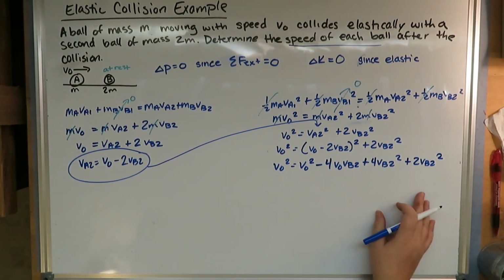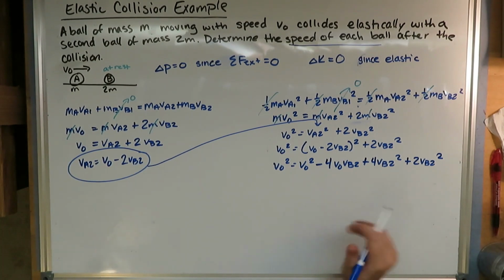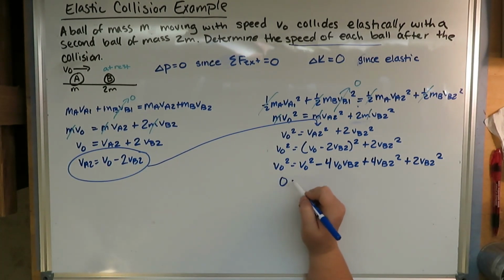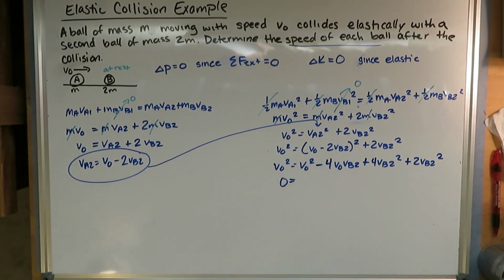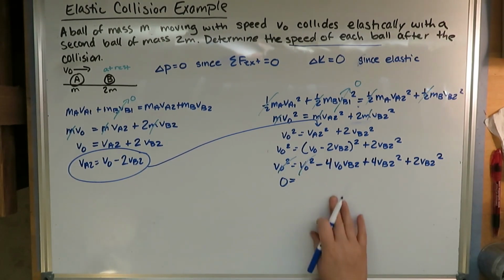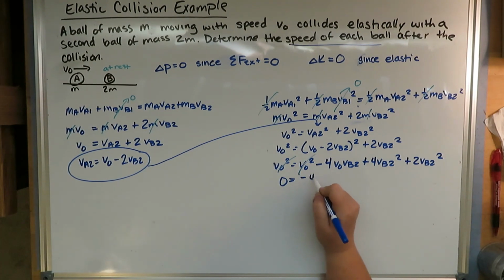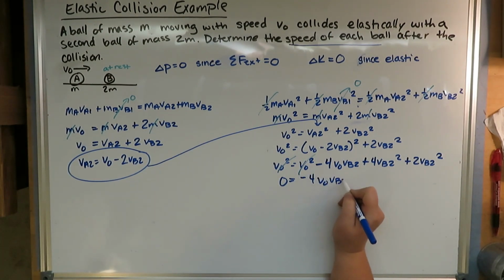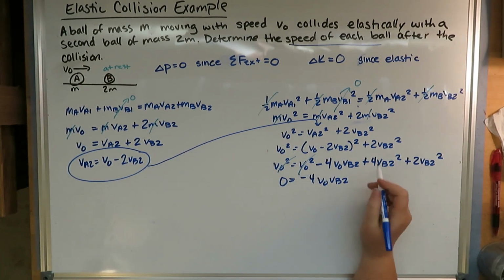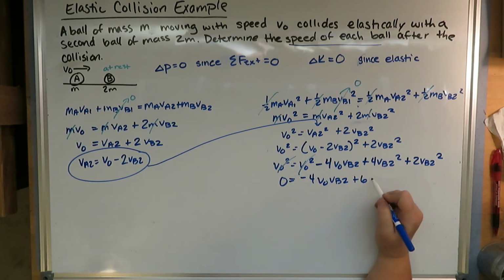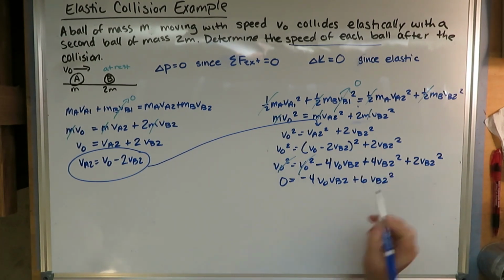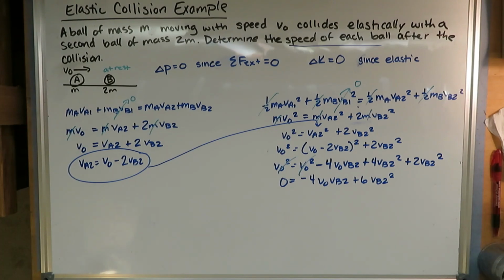And then I can group like terms. When I subtract that V0 squared over, those cancel out. So I get 0 equals this negative 4 V0 VB2 term, and then those add up, so I get 6 VB2 squared, not 5 like I was getting earlier.